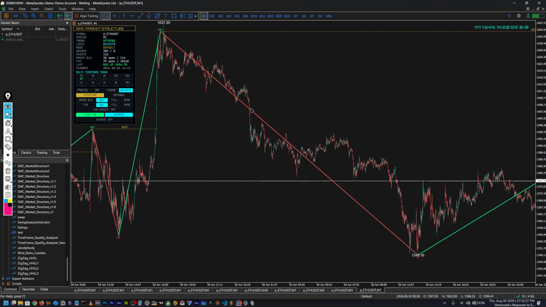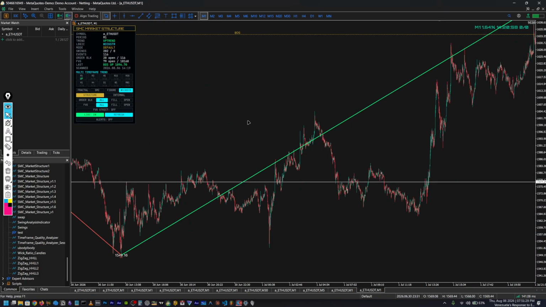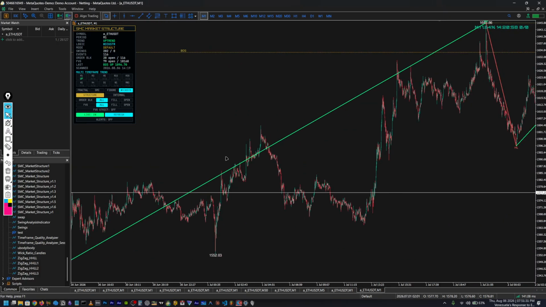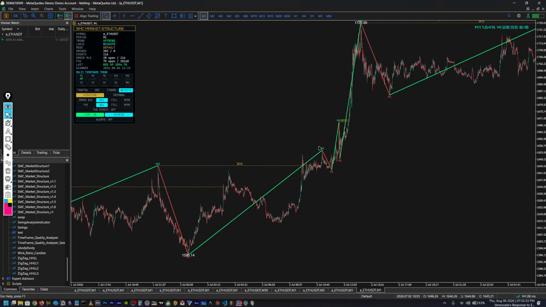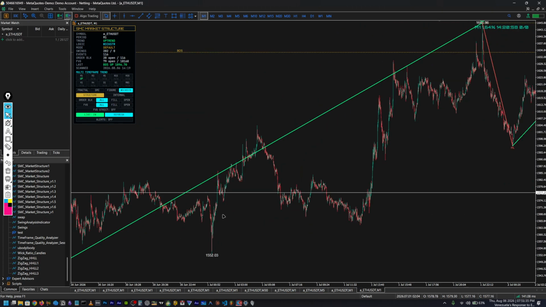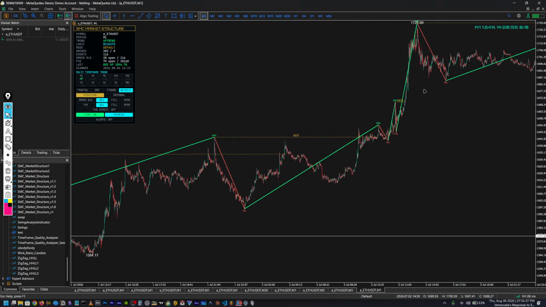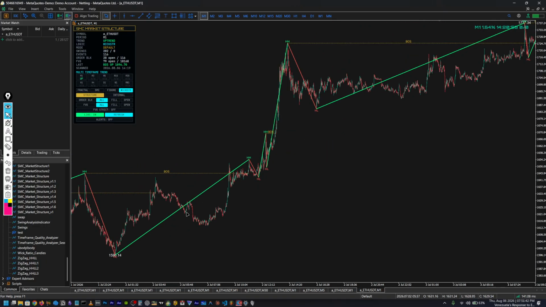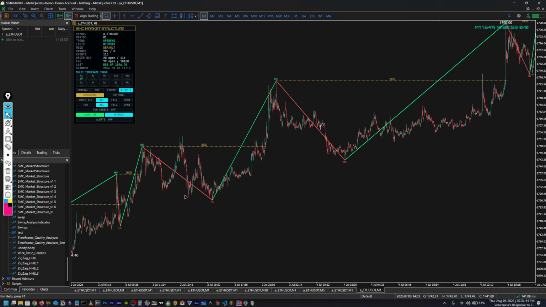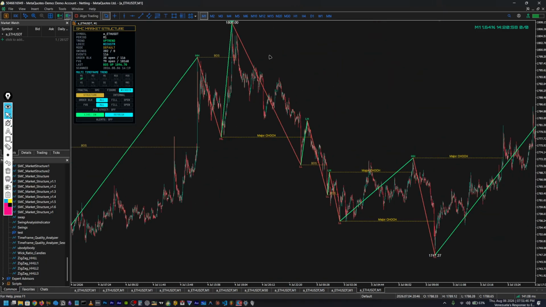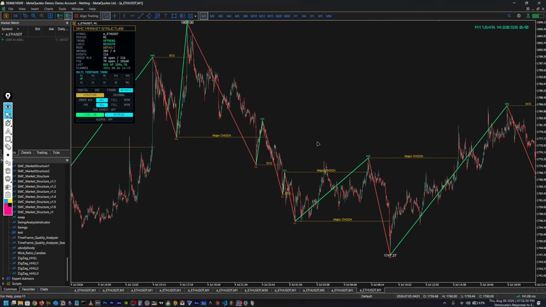So this is, I think, the most precise market structure in the 1 minute chart, because even in the smaller time frame it's going to give you a chance to catch the long rallies like this in any direction. Here you can see it's giving you more chances to catch a rally and less noise.